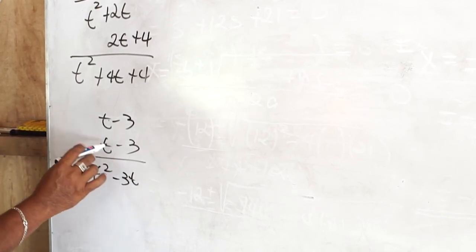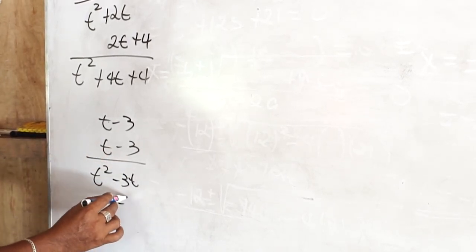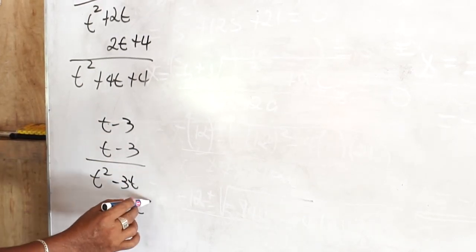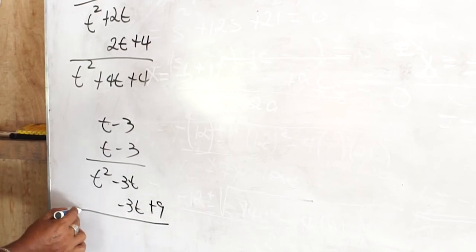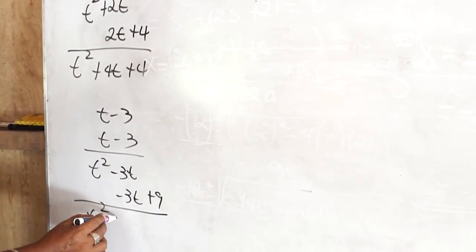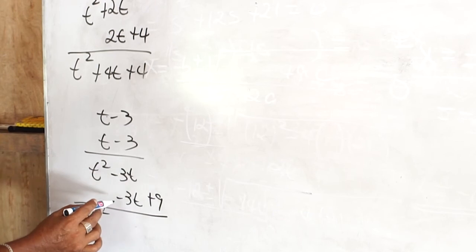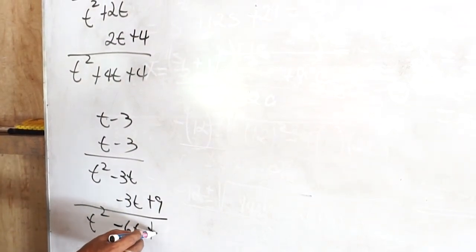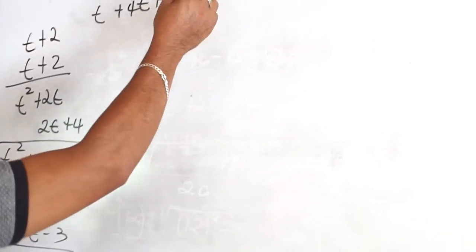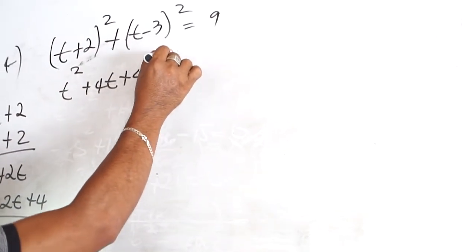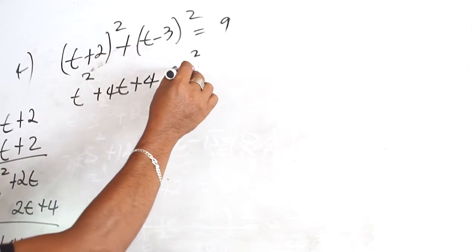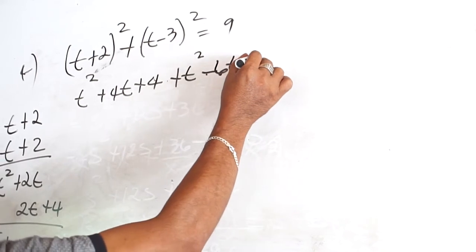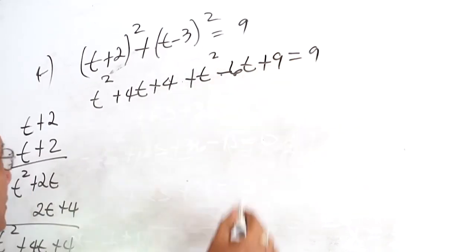Then positive t times negative 3, so we have negative 3t. Then negative 3 times negative 3, the result is positive 9. Then add, we have here t squared, negative 3t, plus negative 3t, the result is negative 6t. Then we have positive 9. Okay, so we have positive t squared, then negative 6t, then positive 9, then equals 9.